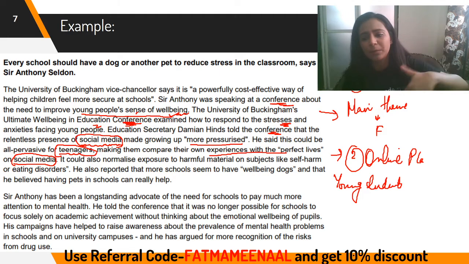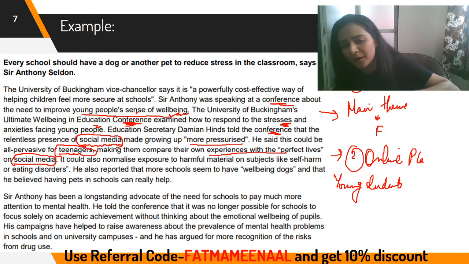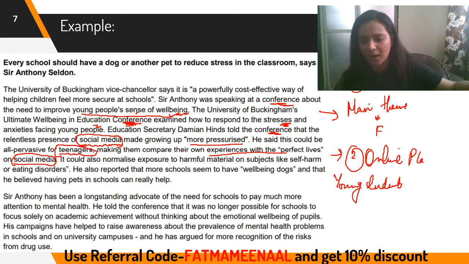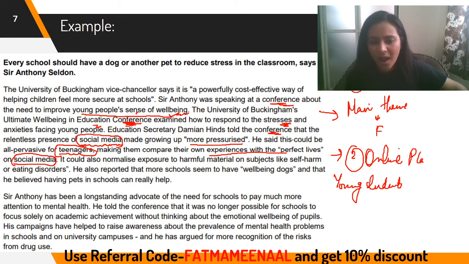Now it is completely paraphrased in a different way. You are under more pressure, you tend to compare your life and try and make it appear as the most perfect lives ever. That's what we do in social media, right? So our answer is almost there. It is put up in a completely paraphrased way, but the answer is there.